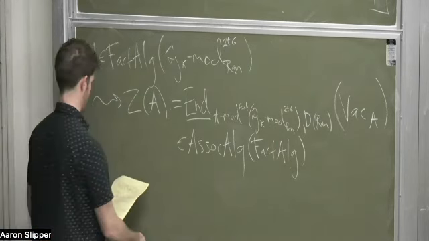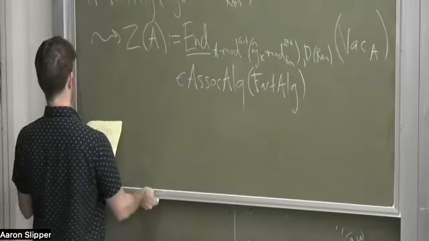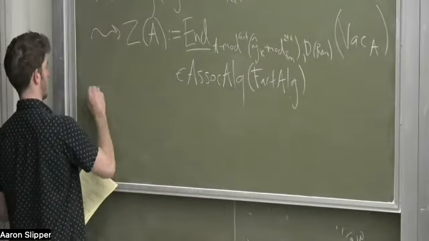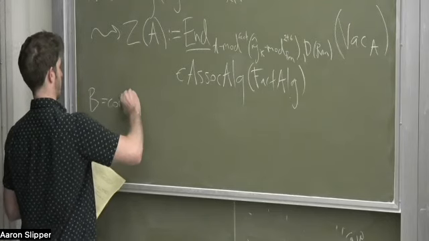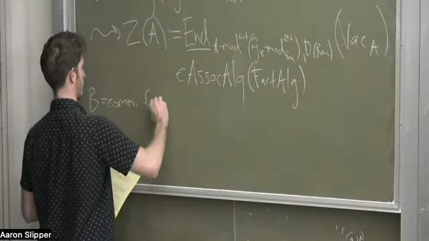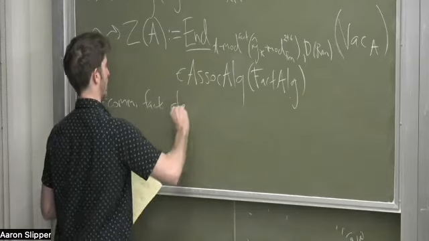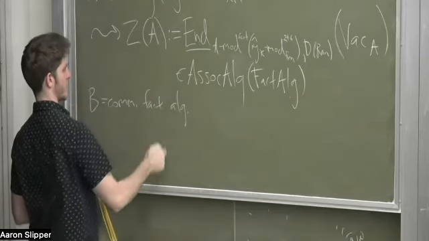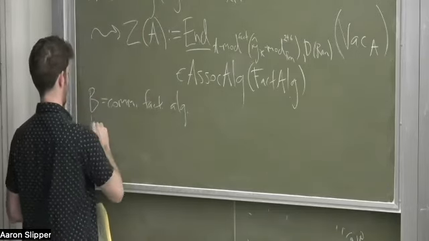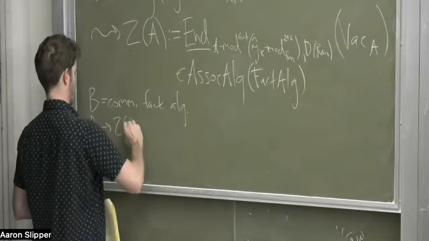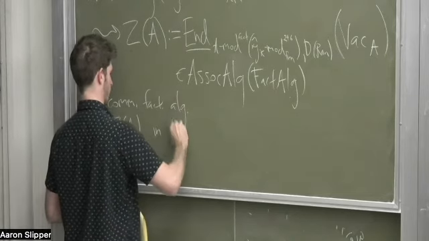Okay. And now, again, B is included in the factorization algebra. A continues to be a factorization algebra in the factorization category, and I'm given a homomorphism as before.